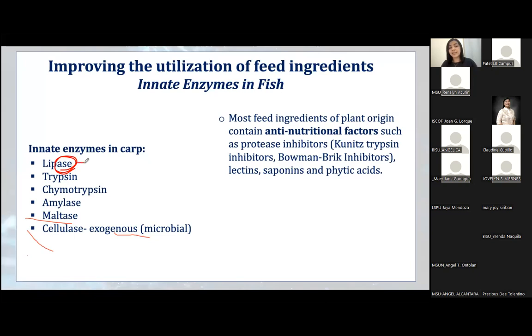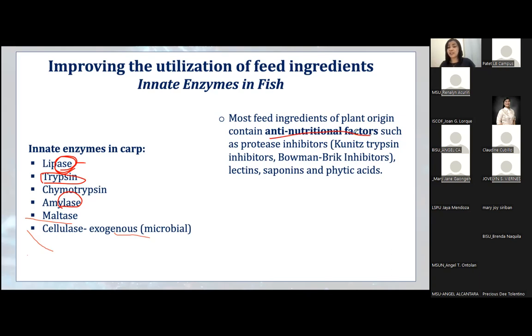So, for lipase, this is an enzyme that breaks down lipids. Okay, amylase breaks down carbohydrates, maltase breaks down malt. So, ayun siya. Trypsin, this is also for protein, breaks down protein. So, why we use enzyme in feeds? Of course, we have to remove these anti-nutritional factors.